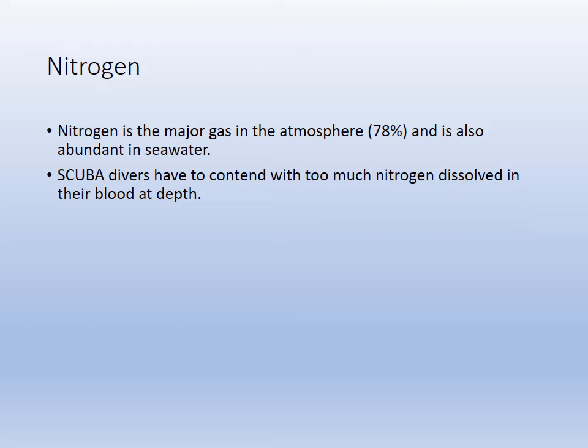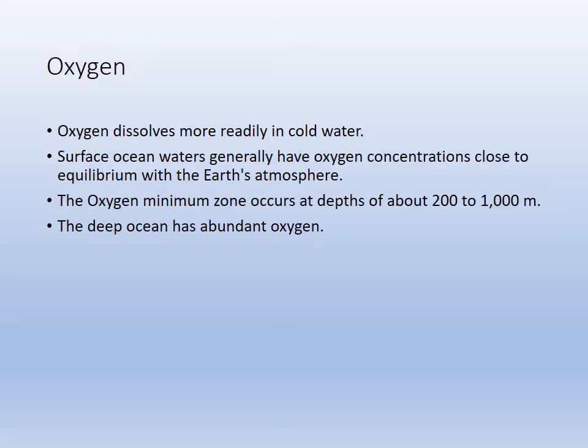It's abundant in seawater. When humans go too deep, we get what's called narcosis. A little bit extra nitrogen gets in our blood, and nitrogen, N2O, is laughing gas. So you get a bit of a rush with too much nitrogen dissolved in your blood. Oxygen is the important one.